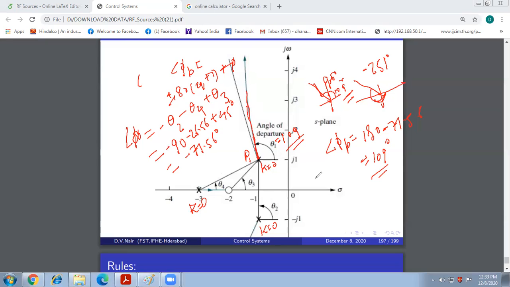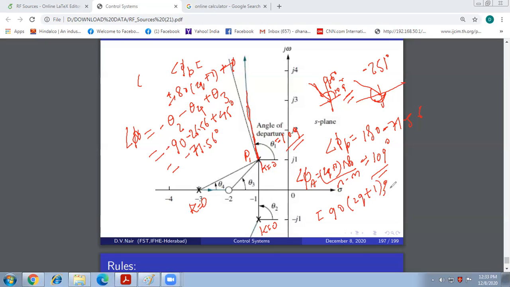The angle of asymptotes will be given by angle phi a, and that will be how much, friends? 2q plus 1 into 180 degrees by n minus m. So n minus m here is 2, since there are 3 poles and 1 zero. So 180 by 2 will be 90 degrees, 90 into 2q plus 1.